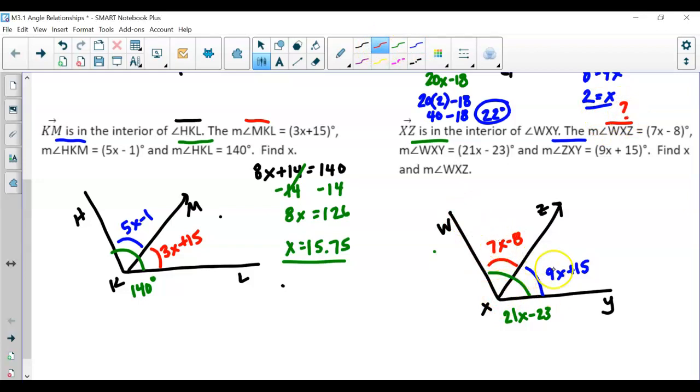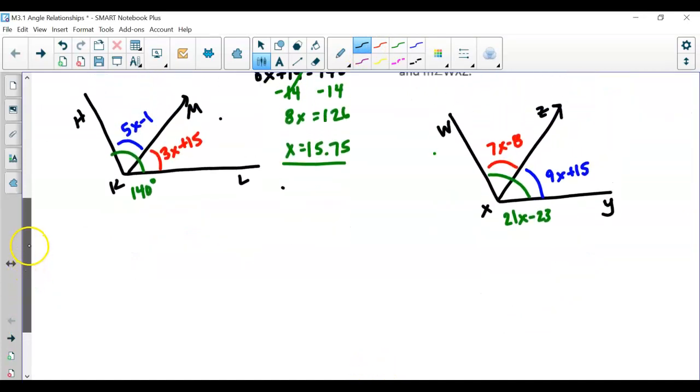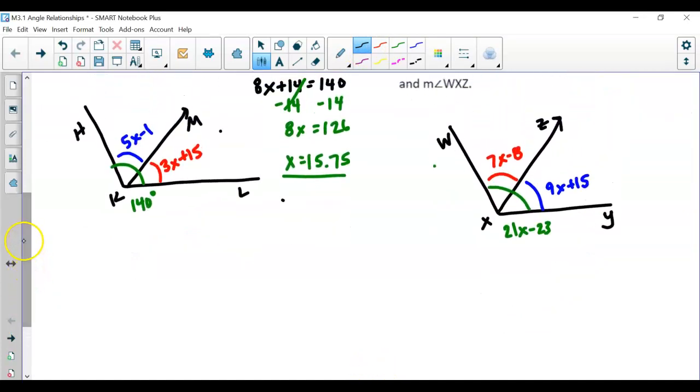Now notice we are adding together to equal the total. So you should have set this up as, so here, let me extend this, 7x minus 8 plus 9x plus 15 is equal to the total of 21x minus 23, and solving for x.